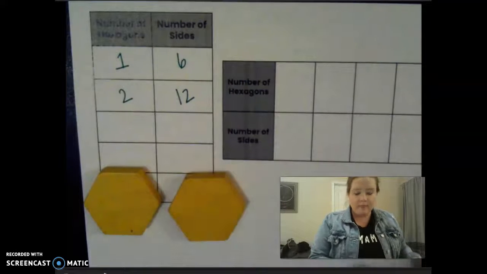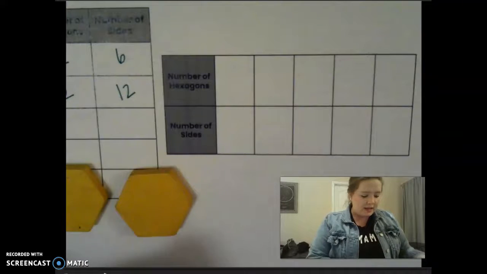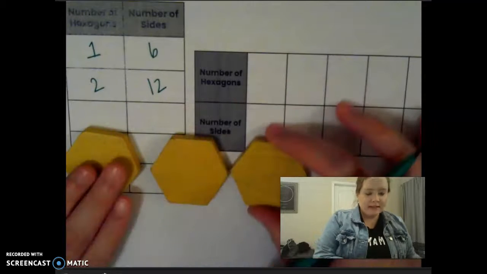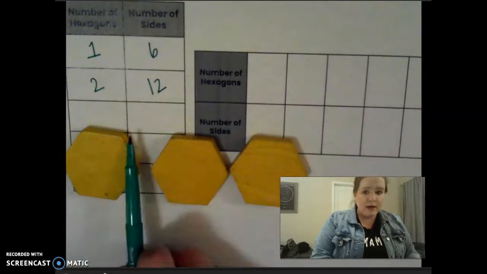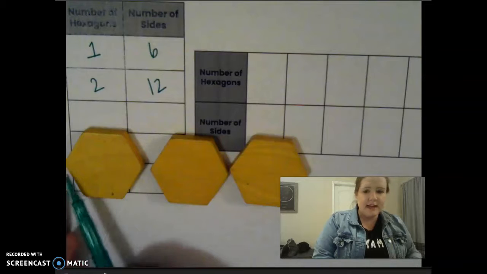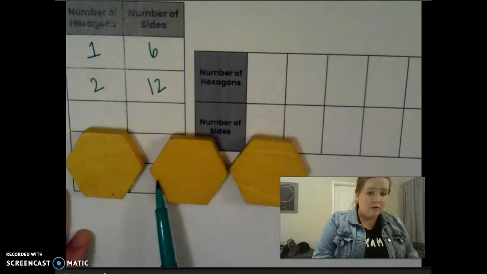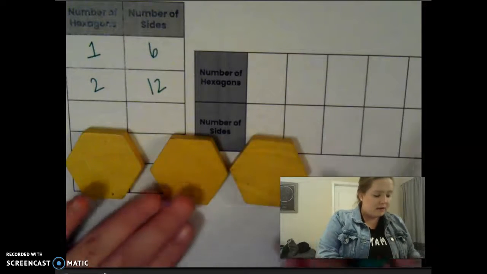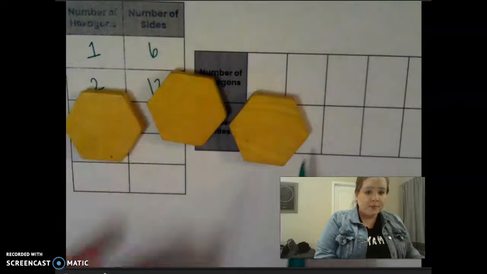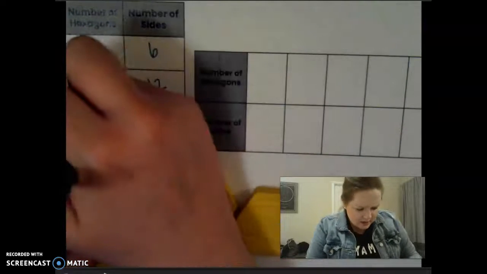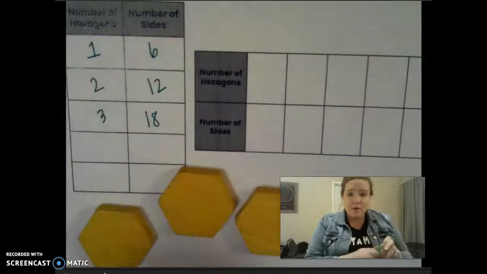All right. 3 hexagons have 1, 2, 3, 4, 5, 6, 7, 8, 9, 10, 11, 12, 13, 14, 15, 16, 17, 18. 3 hexagons has 18 sides, okay?